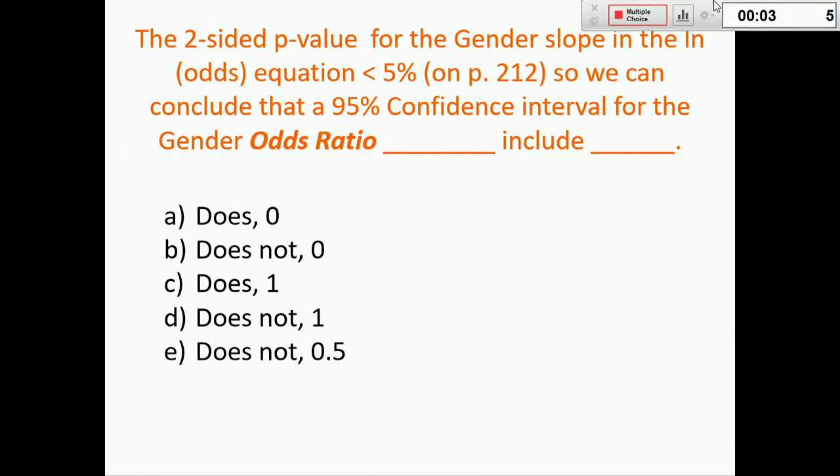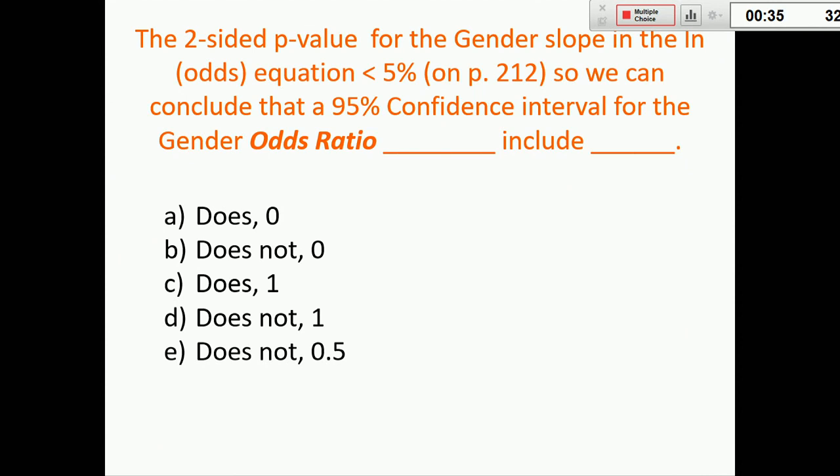So think about it. The two-sided p-value for the gender slope in the log odds equation was less than 5%, right? We just did that. So we rejected the null, and we concluded that the 95% confidence interval for the slope did not include 0.